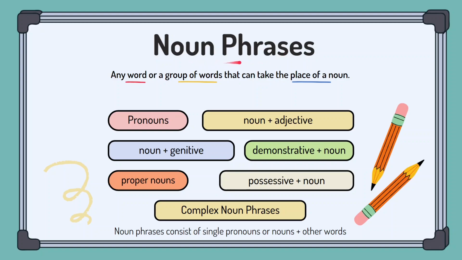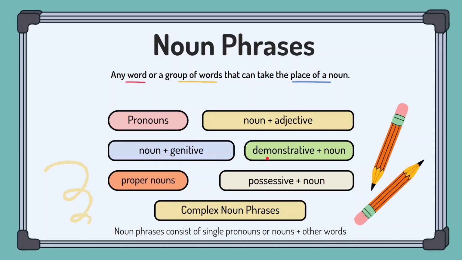So noun phrases are basically grammatical units which are made of a word or a group of words that can take the place of a noun. So these can be pronouns, and they can be a noun plus adjective, like big dog, and noun plus genitive, which is like the dog's tail, a noun that belongs to another noun.